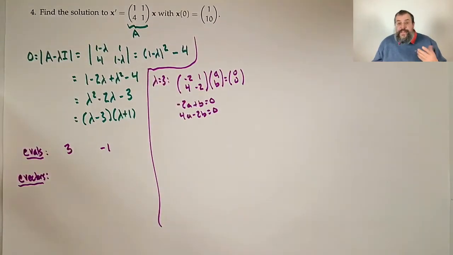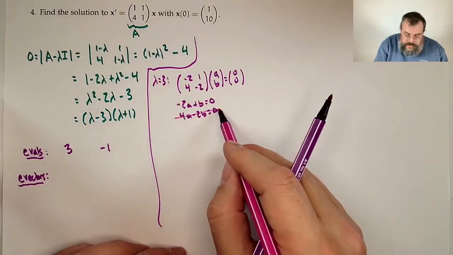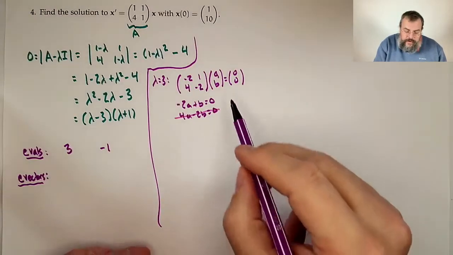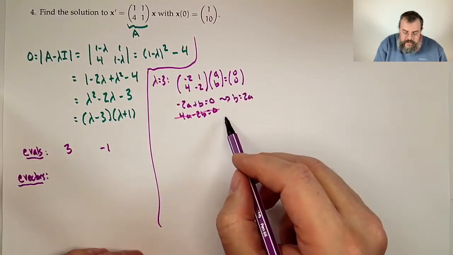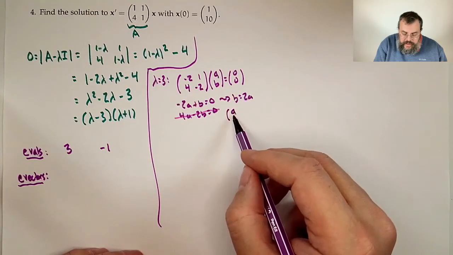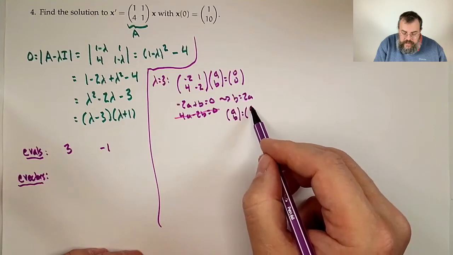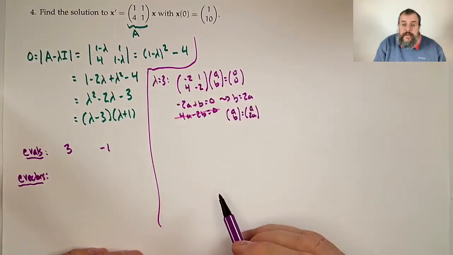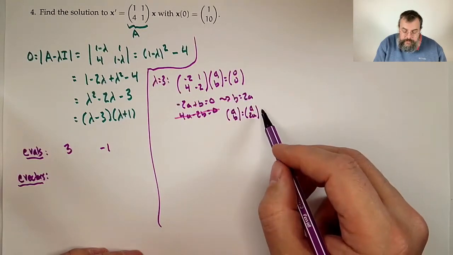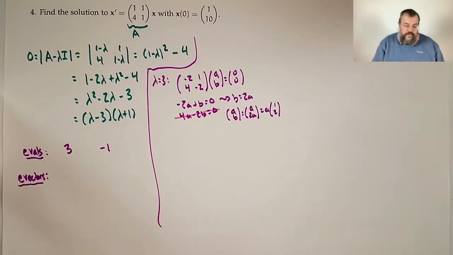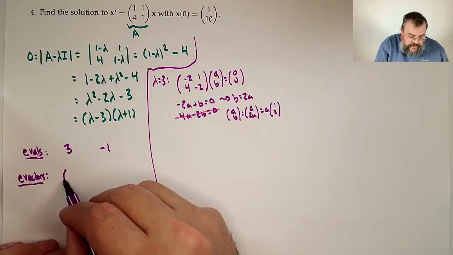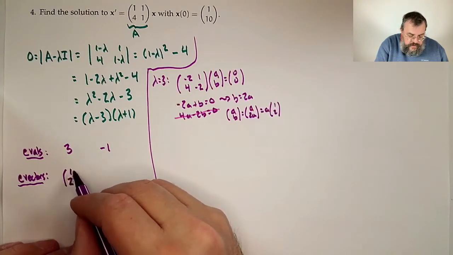But of course, as must happen, there's redundancy. So we can get rid of 1. Say, oh, that really says b has to equal 2a. So our vector (a, b) really looks like (a, 2a). Or, if you pull an a out, (1, 2).